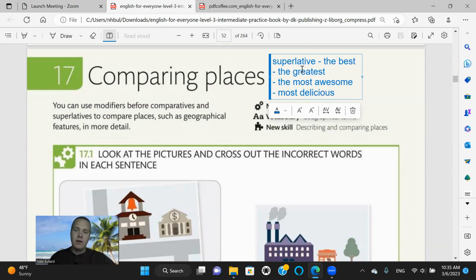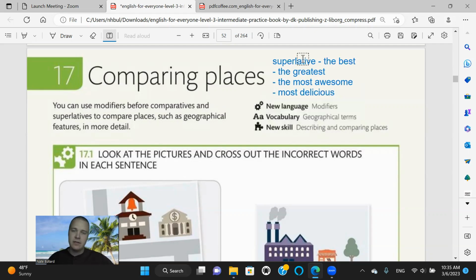Okay, it's cuando algo es lo mejor. This is something called a superlative. Lo mejor o lo más asombroso o lo más delicioso. Okay, lo más. O también puede ser lo menos, the worst, o lo más pequeño, the smallest, o etc.